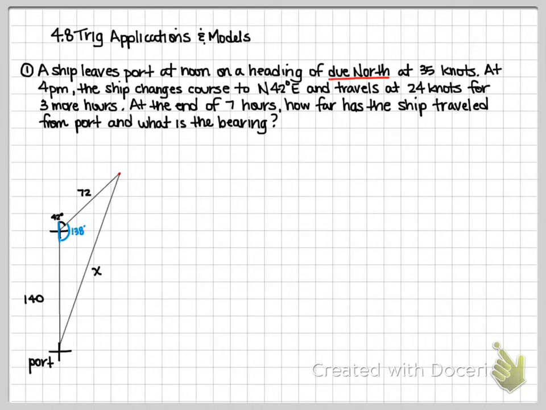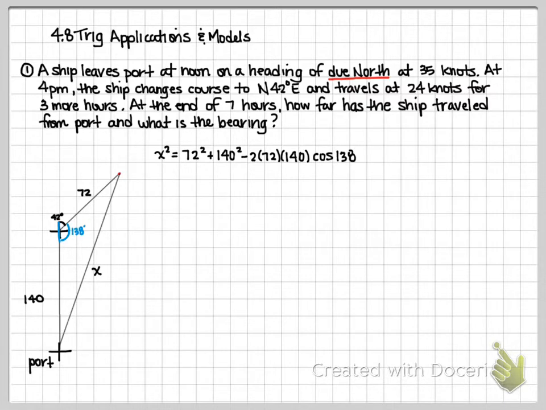So I'm looking for x, which means I'm going to do x squared is equal to the 2 legs squared added together, minus 2 times 72 times 140 times cosine of the angle opposite x, and opposite x is that 138 degrees that we just found a second ago.